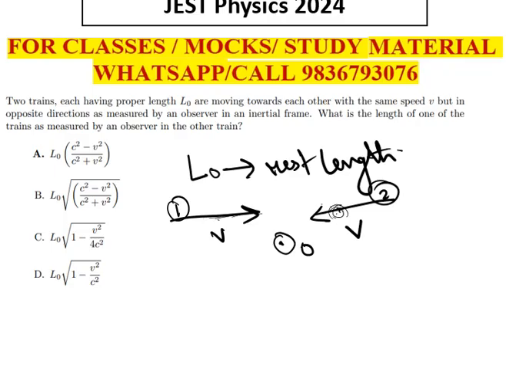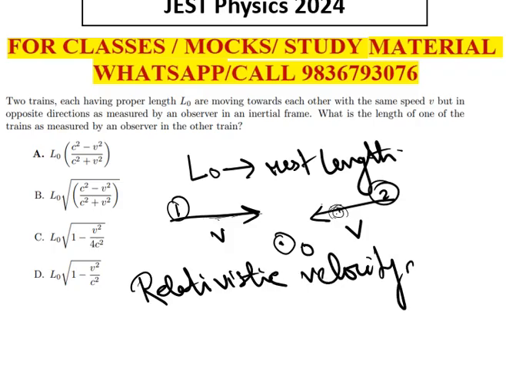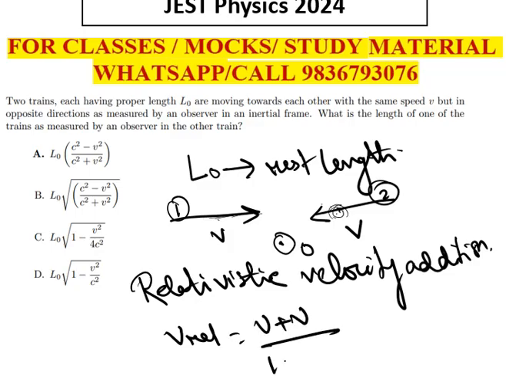So we use the relativistic velocity addition, since the relative velocity of the other train is not just 2v, but instead v_rel will be (v plus v) divided by (1 plus v square by c square).